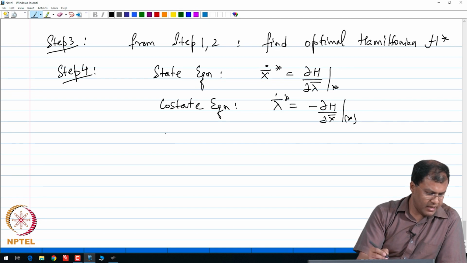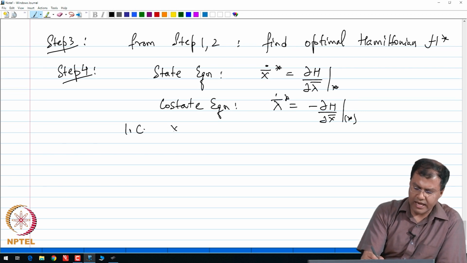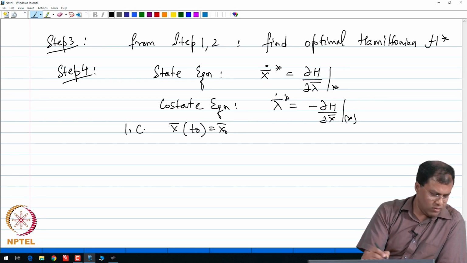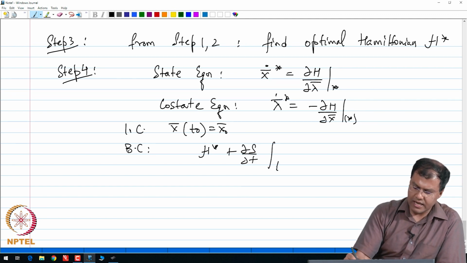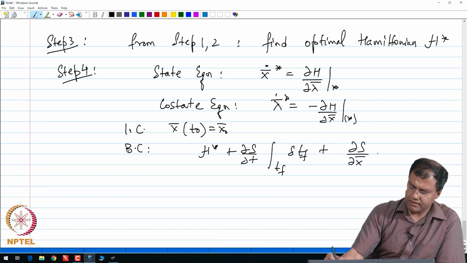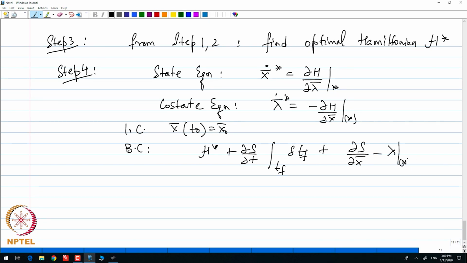And then I have my boundary conditions: my initial condition x at t 0 is x 0, and my boundary condition, which is given by h star plus partial s partial t at t f times delta t f, plus partial s partial x minus lambda star evaluated at t f, times delta x f, is equal to 0.